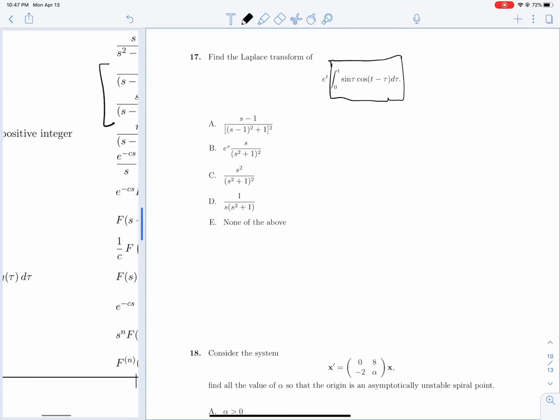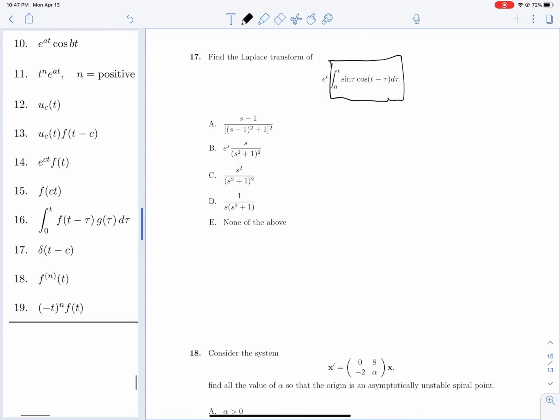So the other rule that we were just talking about that we're going to be dealing with is this one right here. Our f of t minus tau in this case is cosine of t minus tau. That's an especially bad tau. And then g of tau is sine of tau.